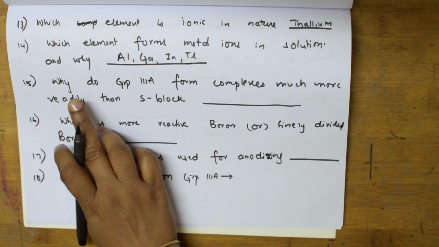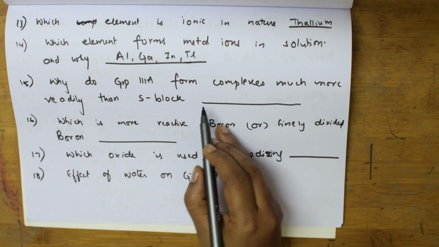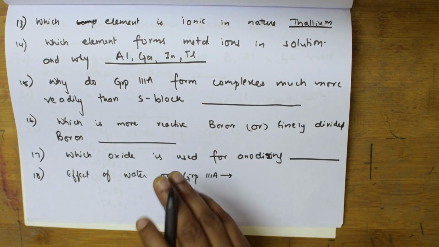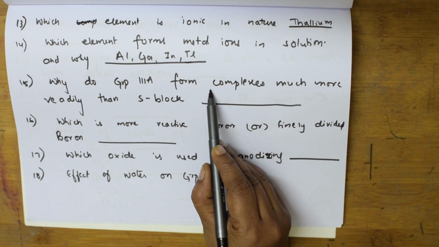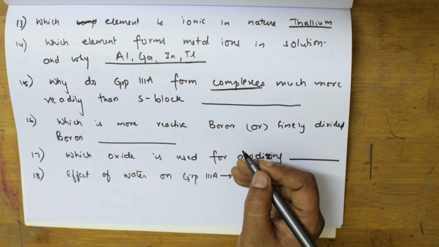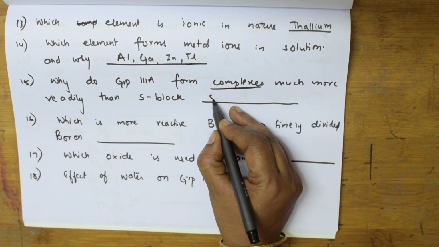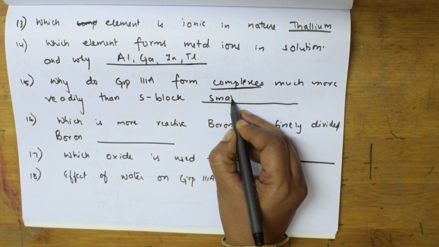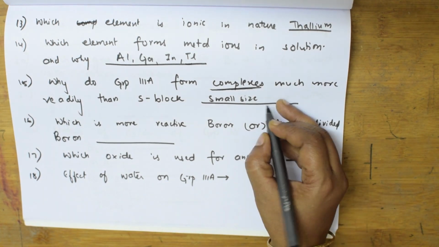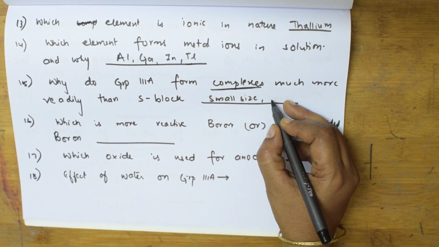Right. Next question. Why do group 3A elements form complexes much more readily than s-block? So what is the reason for forming complexes? As we have seen for covalent bond, for complex formation the characteristics are small size, and after that increased charge.